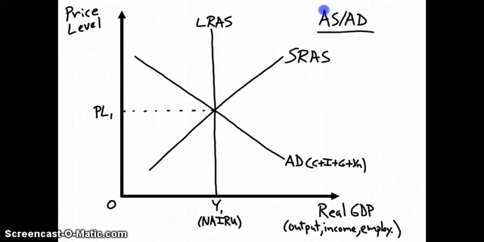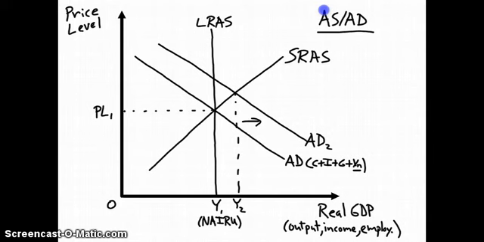So if exports increase, exports of course is a component of aggregate demand, so aggregate demand would increase, shift to the right, call it AD2. Our new output Y2, our new price level PL2. So that completes part B of number 3.